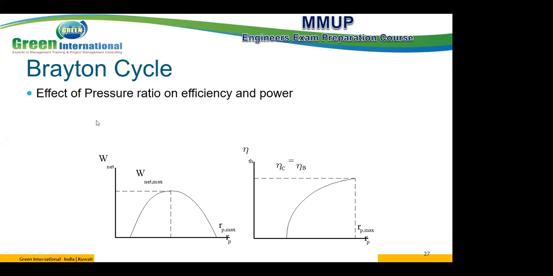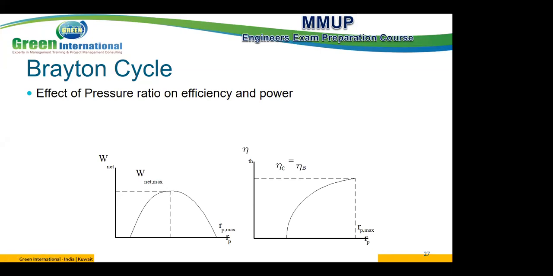Here is the effect of pressure ratio on efficiency and power. As you see here, what happens as the pressure ratio increases? We obtain a maximum net work up to a limit. If you increase more, it decreases again.